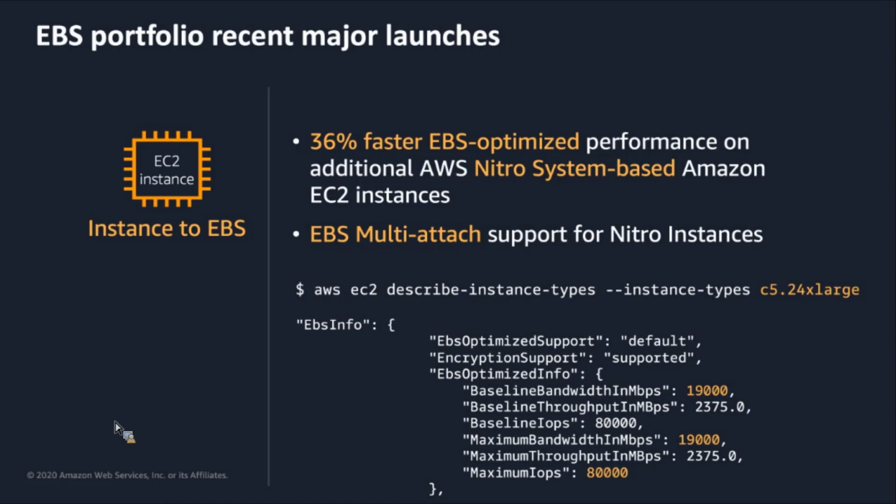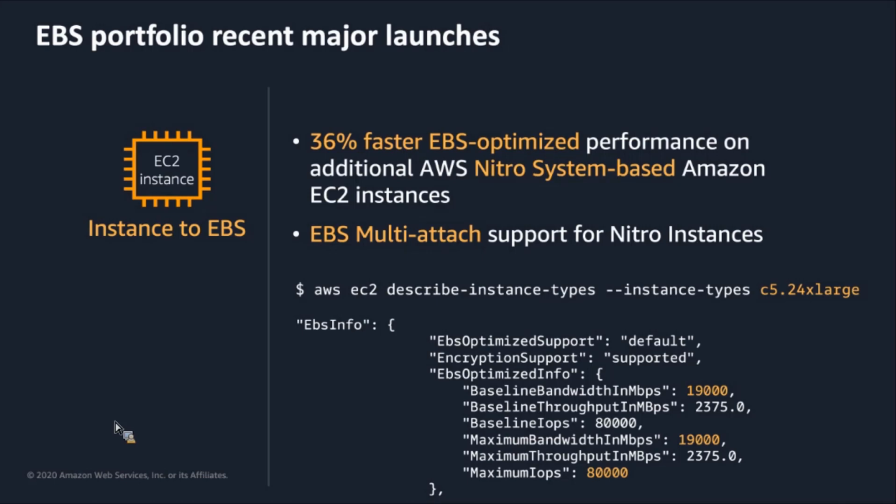Here I have provided an example CLI that you can run on any type of instance, and I have color coded the maximum bandwidth, baseline bandwidth, and maximum IOPS. This is real-time information you get from the EC2 instance type in your region, and you can put this output into your automation workflows and design the overall solution based on the available performance from EC2 as well as EBS.